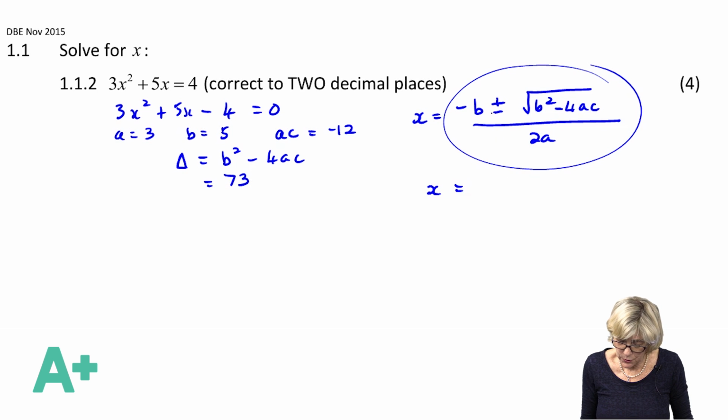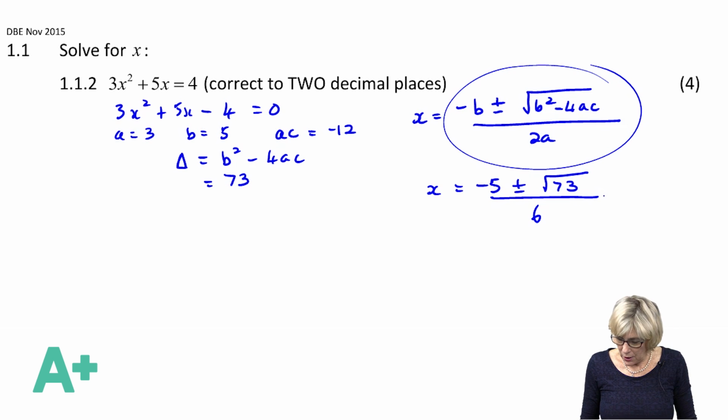So now it's so easy. I can go x is equal to minus my b, so it'll be minus 5, plus or minus the square root of 73, all over 2 times my a, which will be 6. So that's the answer in surd form. Now they want it correct to 2 decimal places.